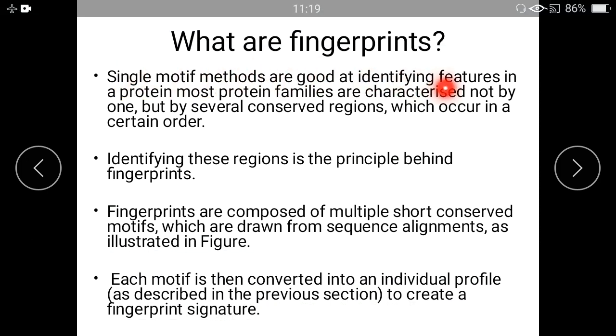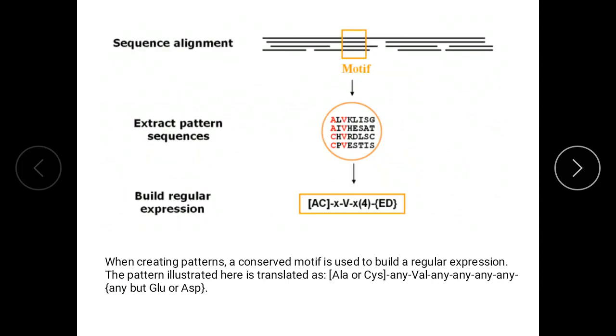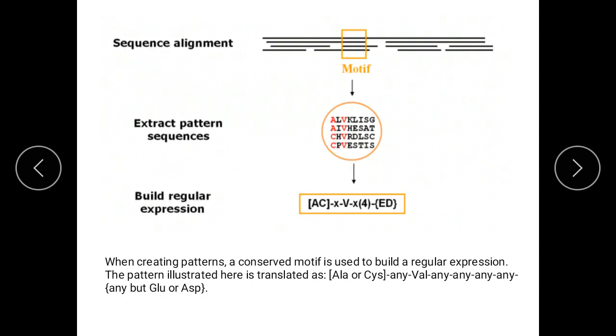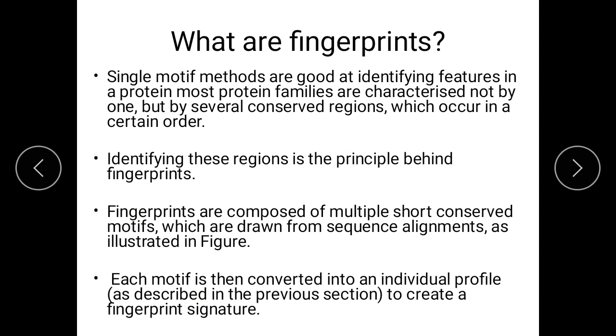Single motif methods are good at identifying features in proteins. Most protein families are characterized not by one but by several conserved regions which occur in a certain order. Here we have discussed many motifs present in these sequences, which are nothing but fingerprints, or ungapped motifs.